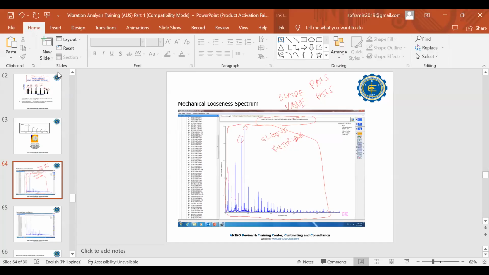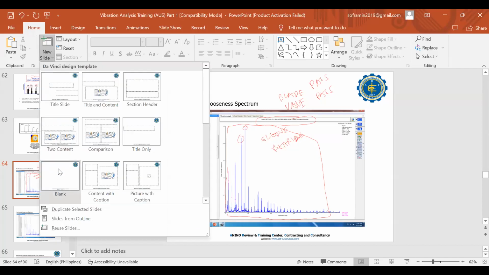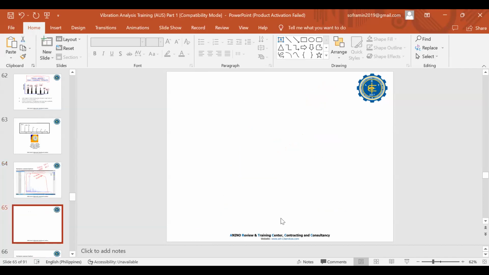I will give you another slide. Normally, that's why it's good, there is the experience. Normally, if your fan or your pump, normally in a pump you have 5 vanes or 5 blades, 1, 2, 3, 4, 5.